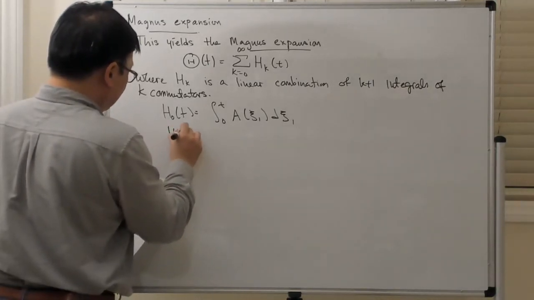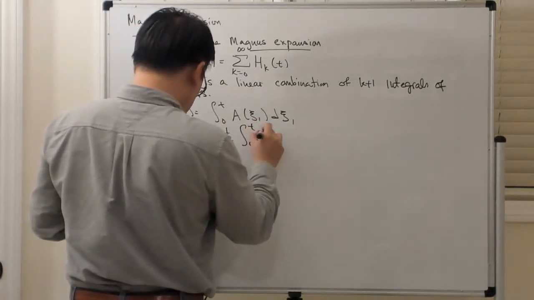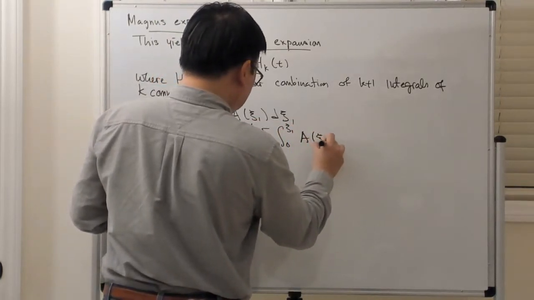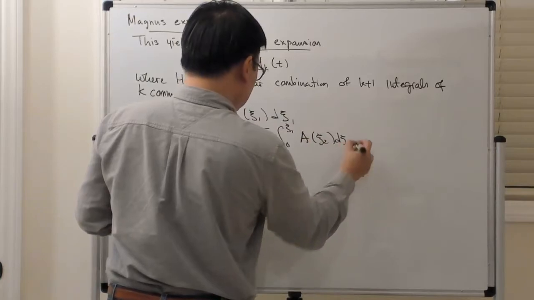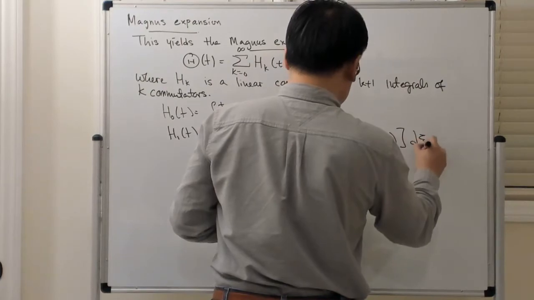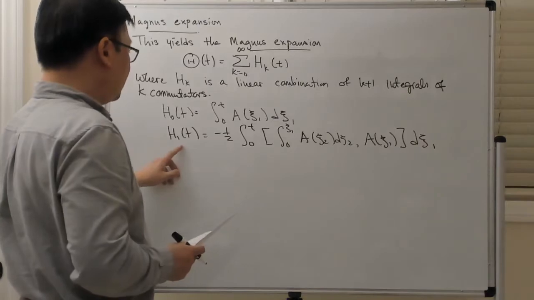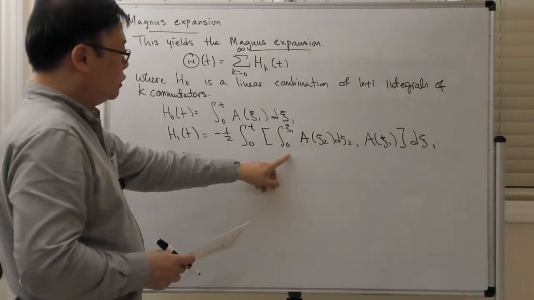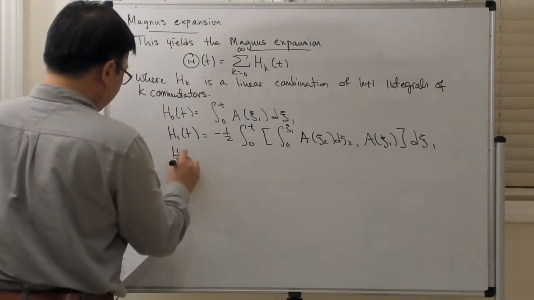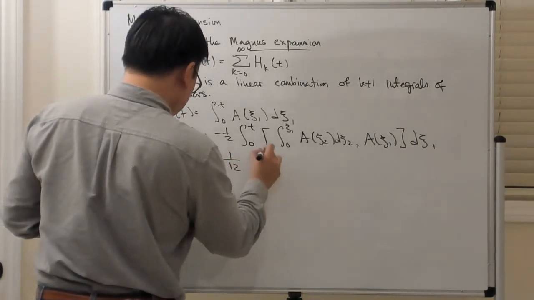And then h1 of t is minus 1/2 the integral from 0 to t of the integral from 0 to c1 of the commutator of a of c2 d c2 paired with a of c1 d c1.